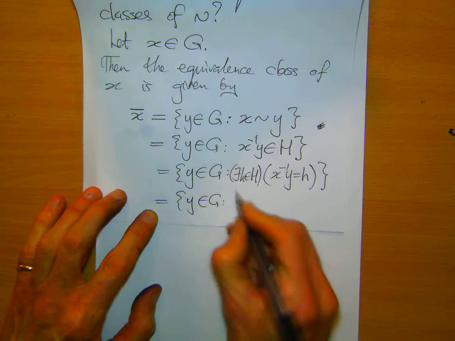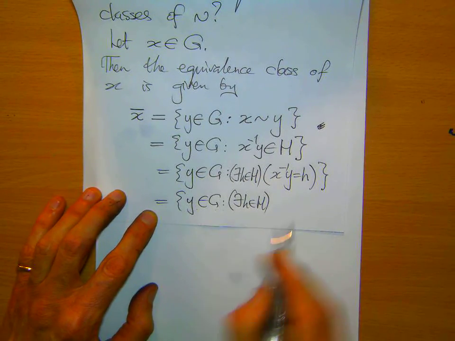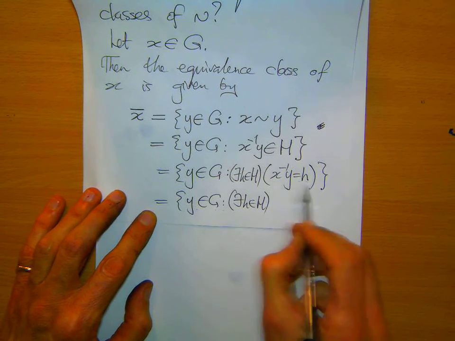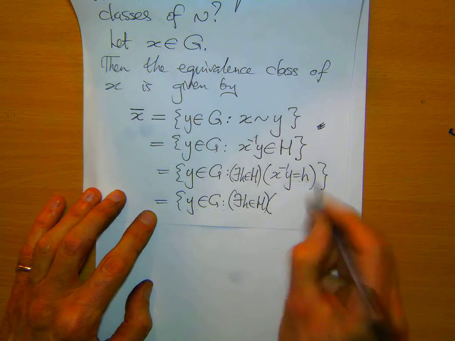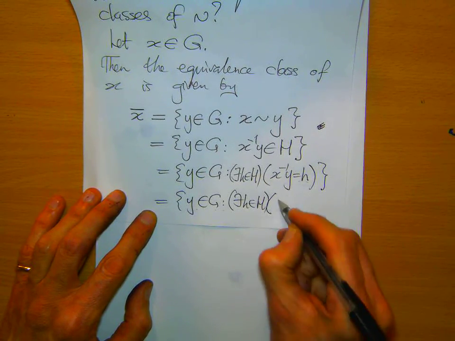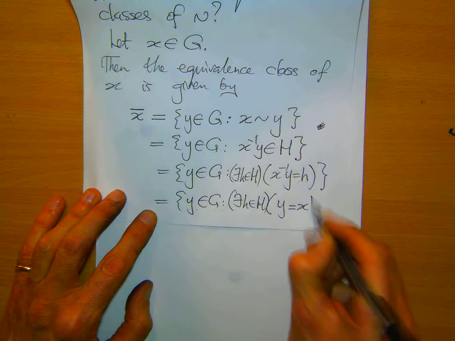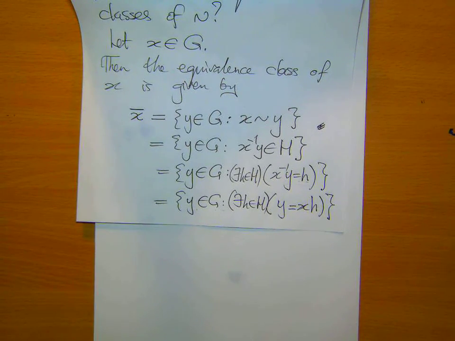So I want to get Y on its own, because I'm interested in what Y actually is, but I can just get that by pre-multiplying this by X. And that's an invertible operation because I can just get back by multiplying by X inverse. So I end up with that. Okay? So all Y in G that look like X times an element of big H.